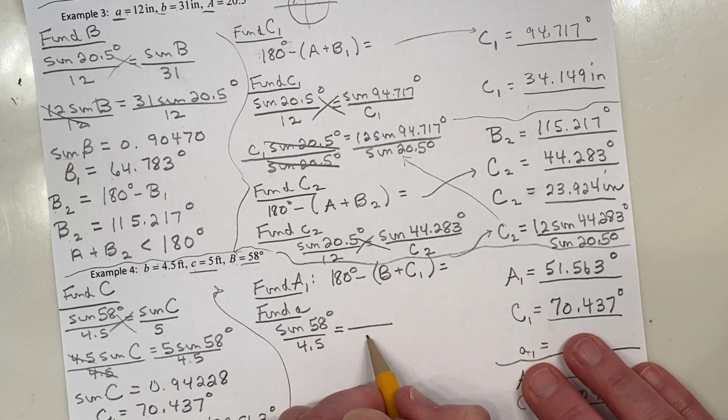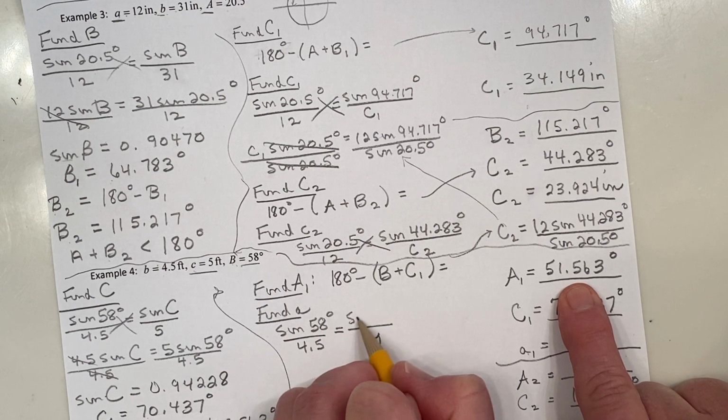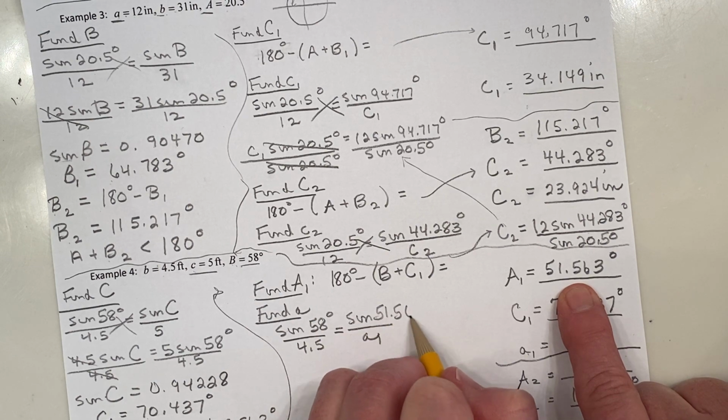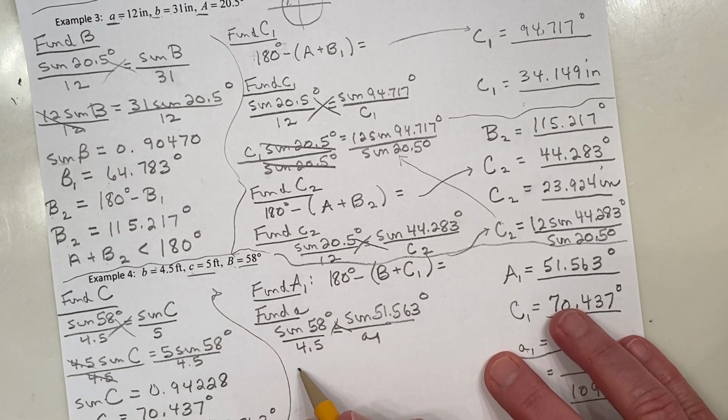And then I'm finding A. A goes here, so I'm finding A1, sine of 51.563 degrees. So A1. Cross multiply.